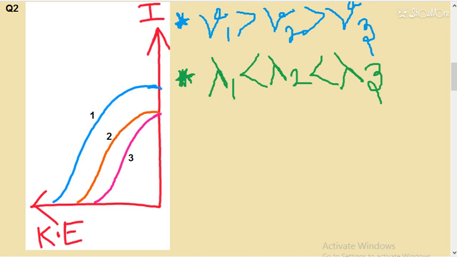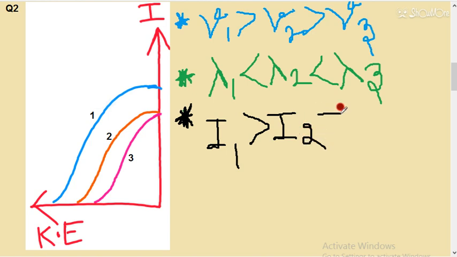So that means if I have to write the relation for intensity of radiation, then photoelectric current is maximum for I1, so I1 will be greater than I2, but the value of I2 and I3 will be same because they are giving the same current.